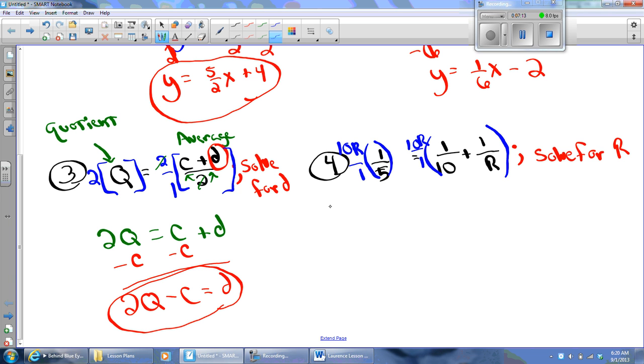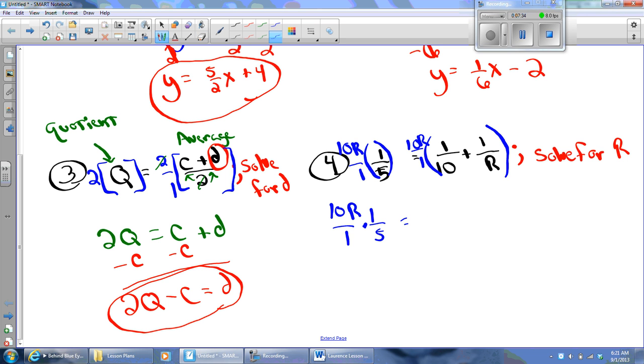So this first problem becomes 10R over 1 times 1/5. Then I'll have, after I distribute, 10R over 10 plus 10R. Oops, I should write that differently, excuse me.